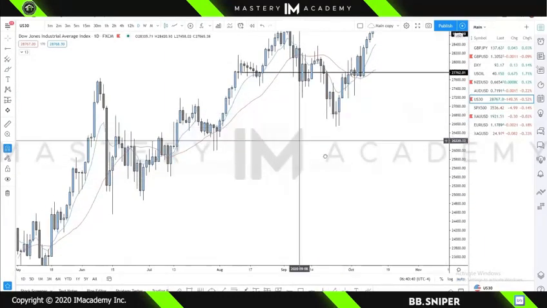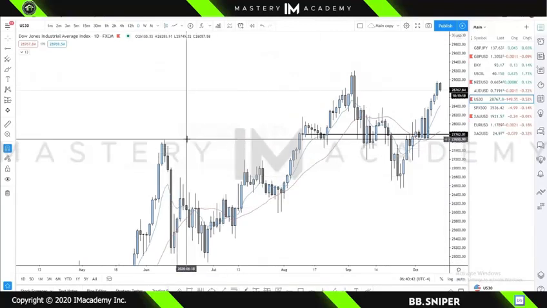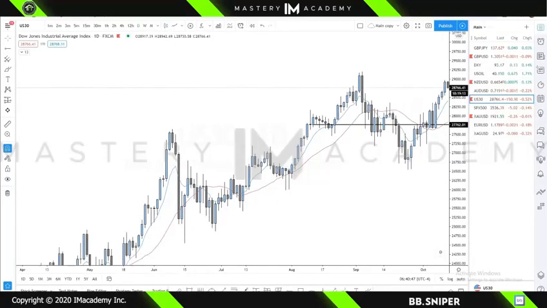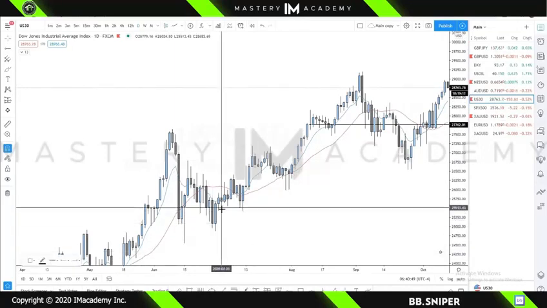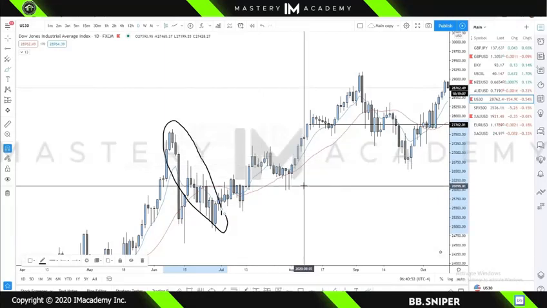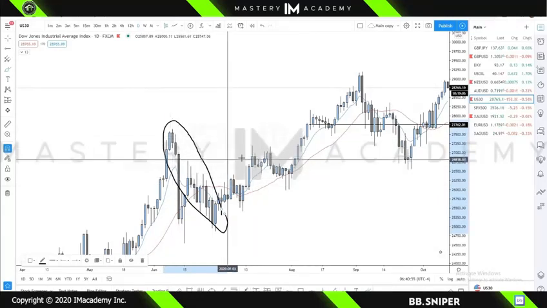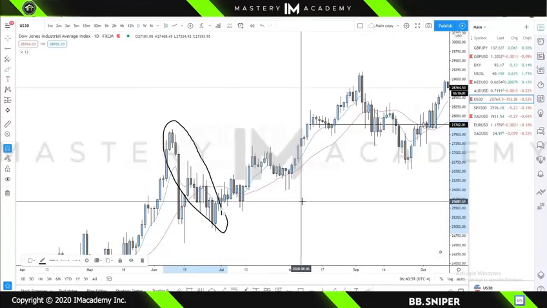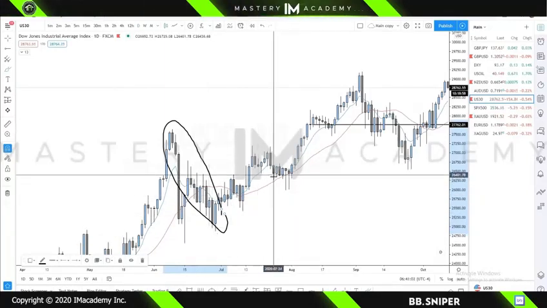Okay, so now this here is that previous daily retracement. We also have this one as well, but that's inside of this one. Now, since both of these are daily, this is not internal liquidity, because these are both daily higher low points.